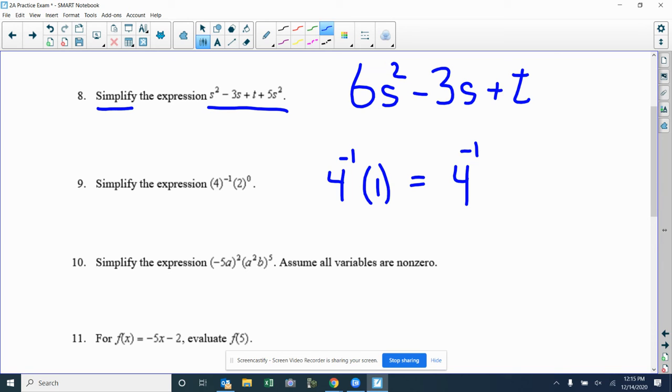Simplify means no negative exponents. So how do we get rid of the negative exponents? We take it to the basement. Remember talking about that. So 4 to the negative first is like 1 over 4 to the first. Of course, 4 to the first is just 4. So this whole thing is just 1 over 4.